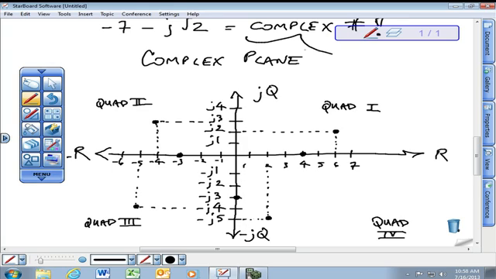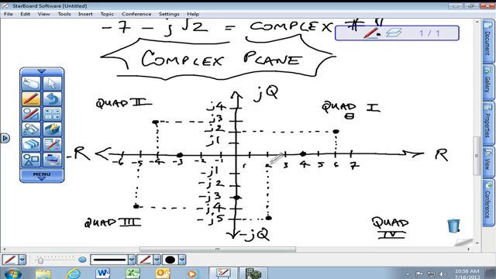Right? This is our complex plane. All right. So first off, let's go ahead and determine how we would represent this dot. Notice where it is. Quadrant 1, all right? So if we're talking about the angle that quadrant 1 covers, basically theta is going to be greater than 0 degrees, but less than 90 degrees, all right?